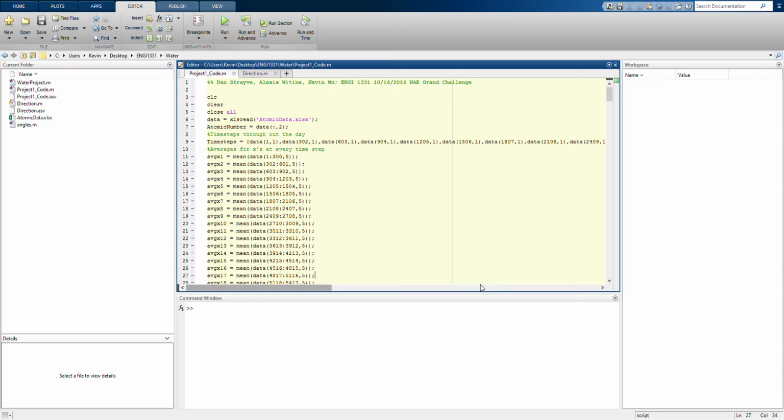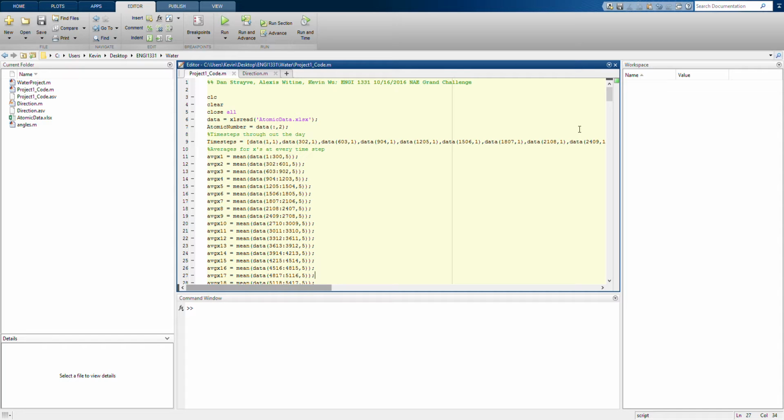So we separated it based off columns and time steps to make the data as simple as we could to put it into our MATLAB code, while at the same time making sure that it would still be quite efficient.